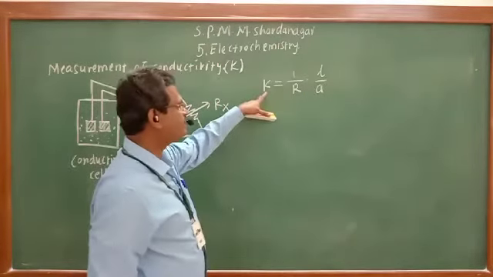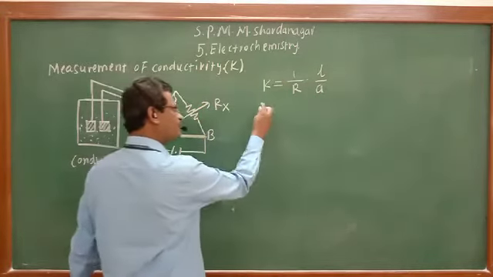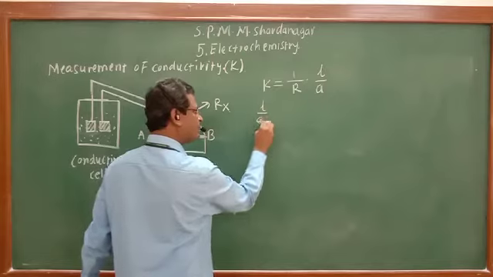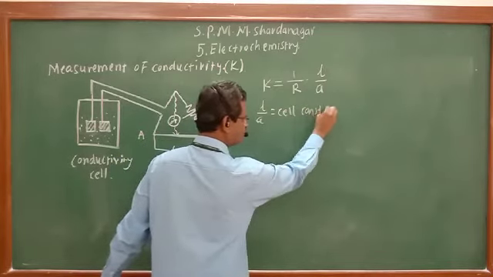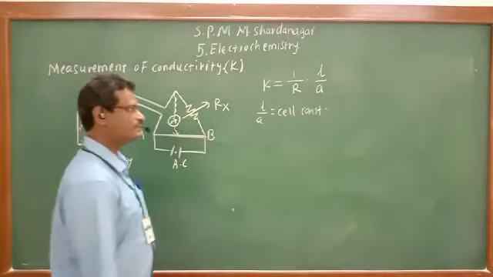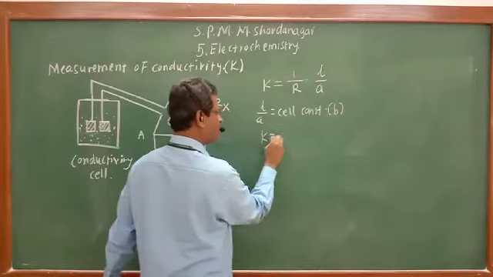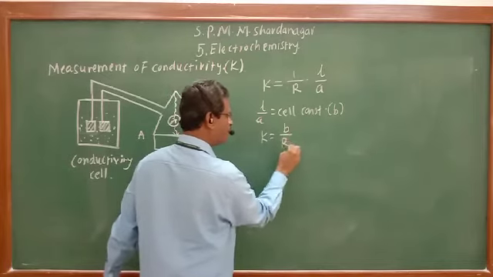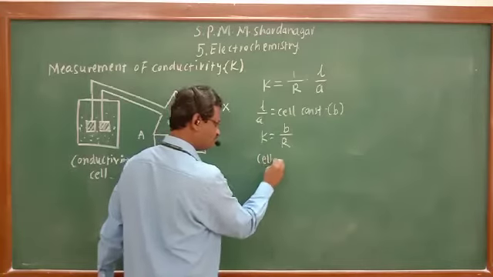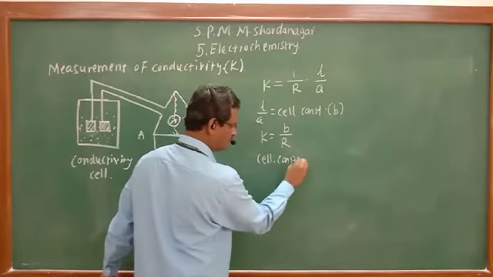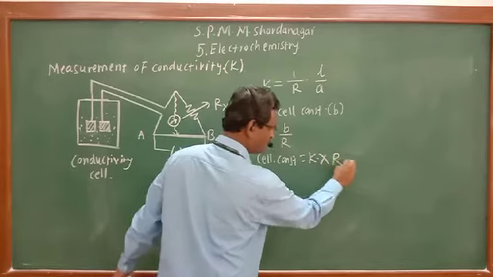So conductivity K is 1 upon R into L upon A. That L upon A is known as cell constant. That is the cell constant B. Therefore K will be equal to B upon R, or cell constant will be equal to conductivity multiplied by resistance.